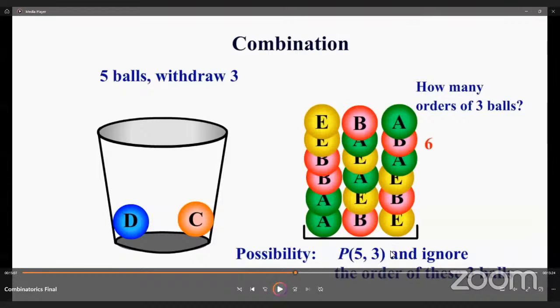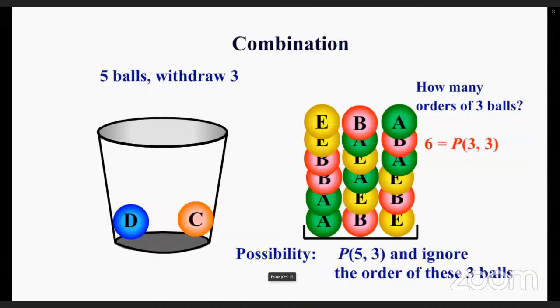You have to list them systematically. Here you have A first, and then you interchange B and E. Here you have B first, then you interchange A and E. Here you have E first, and you interchange A and B. So there are 6 of them. So you have to divide it.